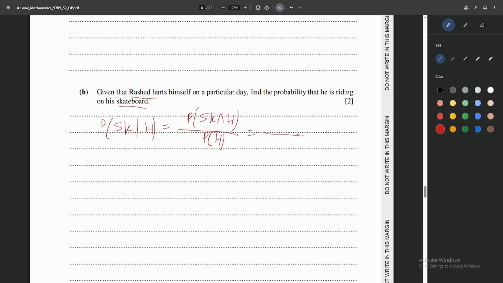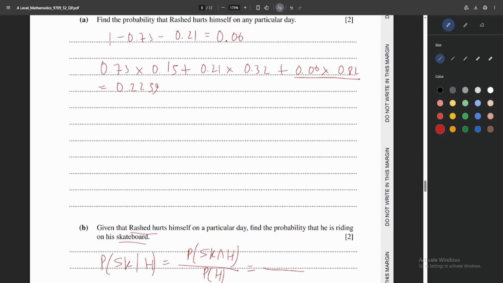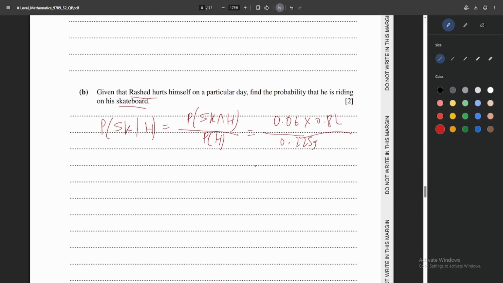We can just use the previous question's answer. The probability of him riding his skateboard and getting hurt is 0.06 times 0.82, over the probability of him getting hurt, which is 0.2259, and this gives us 0.218.